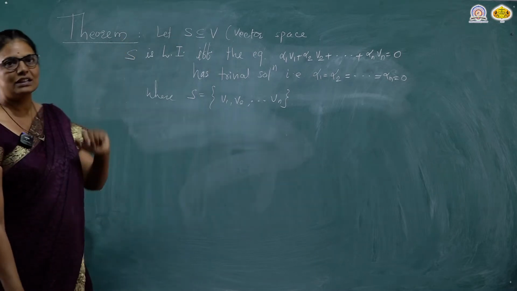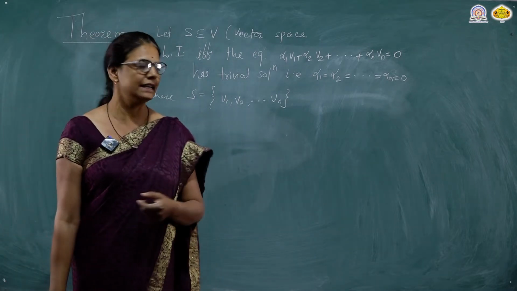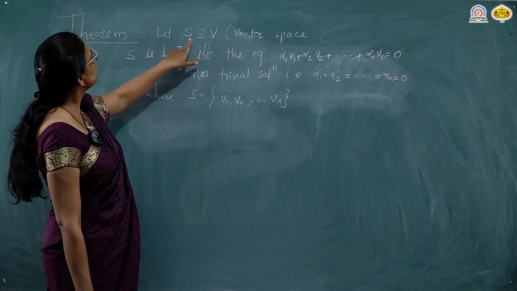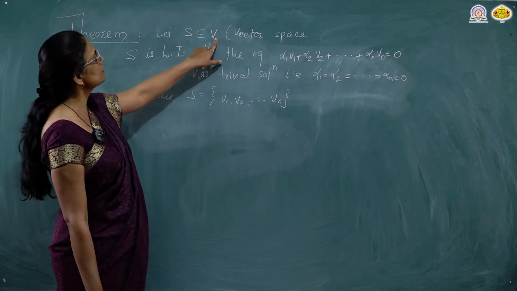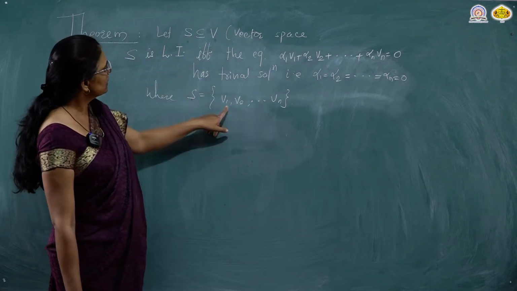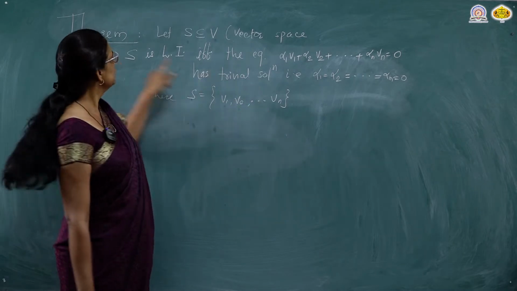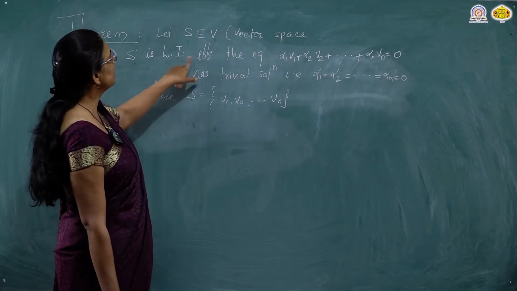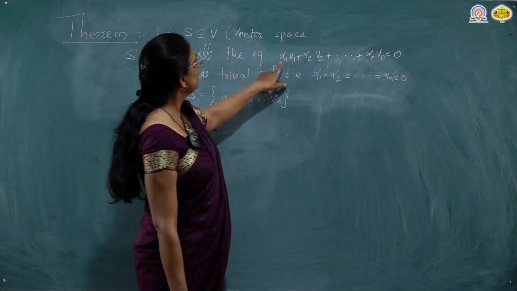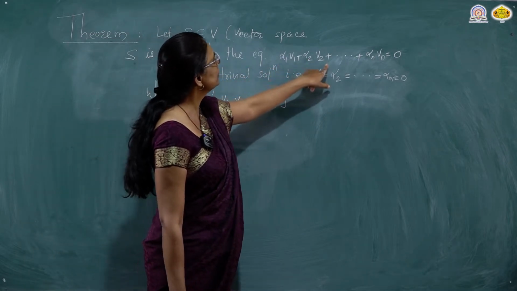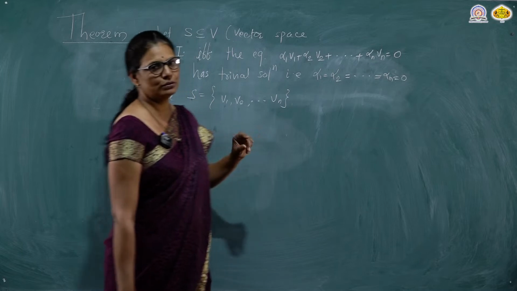Now this is an important theorem related to linear dependence and independence. So we first consider S as a subset of vector space V, with S having the elements V1, V2, up to Vn. This S is said to be linearly independent if and only if the equation alpha1 V1 plus alpha2 V2 up to alphan Vn equals 0 has only the trivial solution.